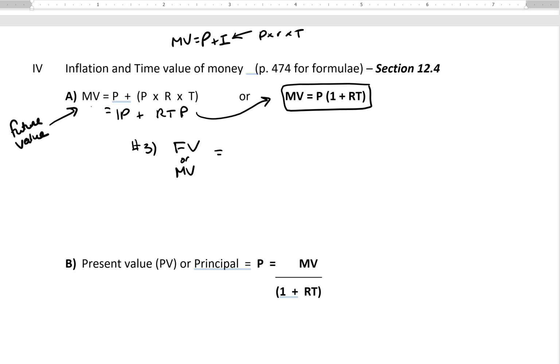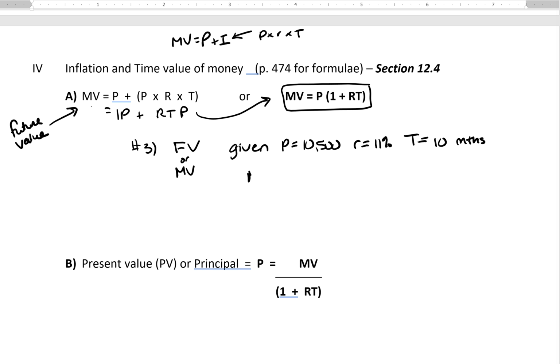We're going to solve for future value, and we are given principal equals 10,500, rate equals 11%, and time equals 10 months.